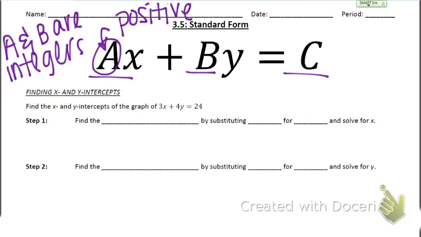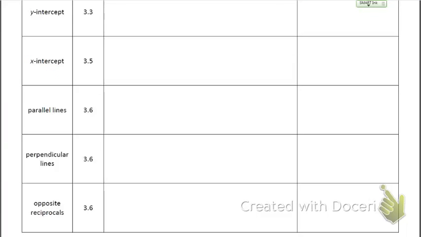Okay, so before we get started, we're going to be talking about x and y intercepts, and we've already talked about the y-intercept, but we need to talk about the x-intercept first. So turn to your vocabulary page. We do have one vocabulary word. We've already talked about the y-intercept. It's where the graph crosses the y-axis.